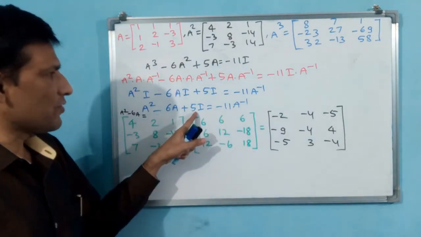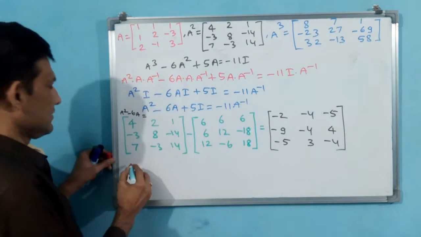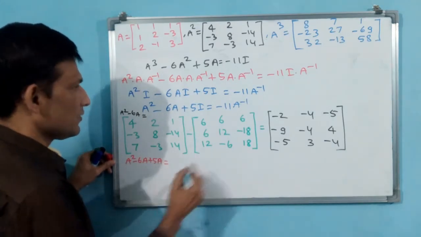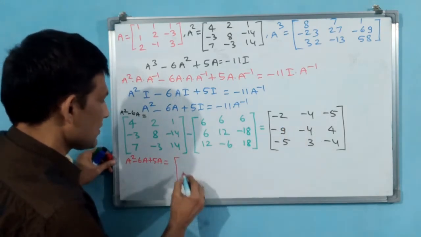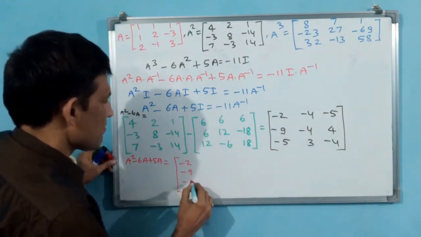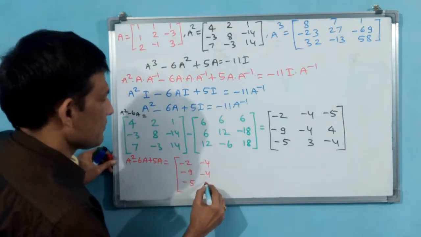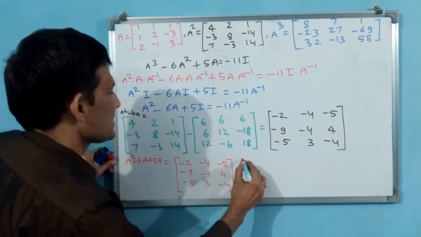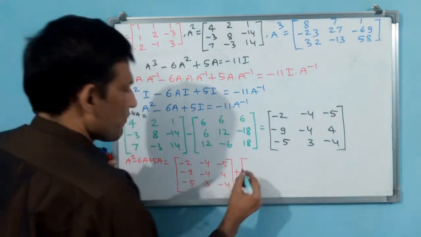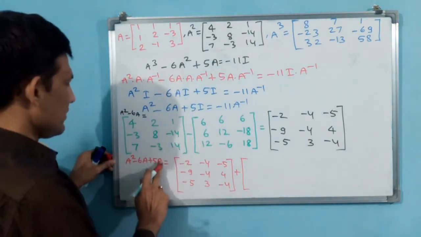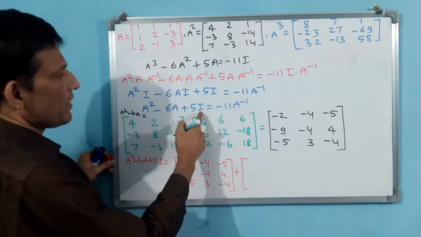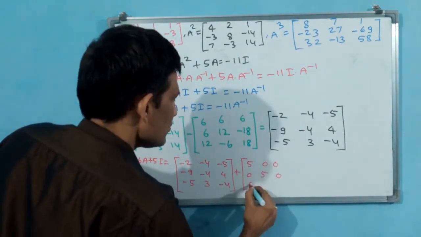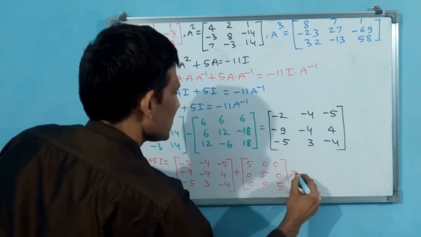Again you have to add plus 5I. Write down here: A square minus 6A plus 5I is equal to, A square minus 6A is this one: minus 2, minus 9, minus 5, minus 4, 3, minus 5, 4, minus 4, plus 5I. Sorry, 5I. 5I means what? 5 0 0, 0 5 0, 0 0 5.